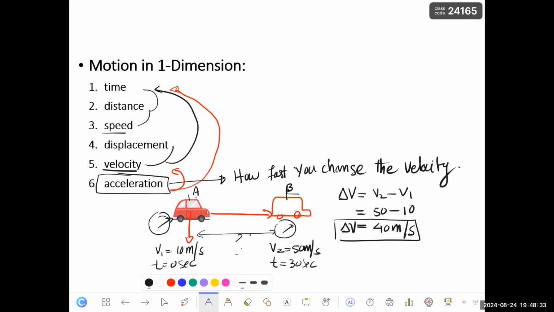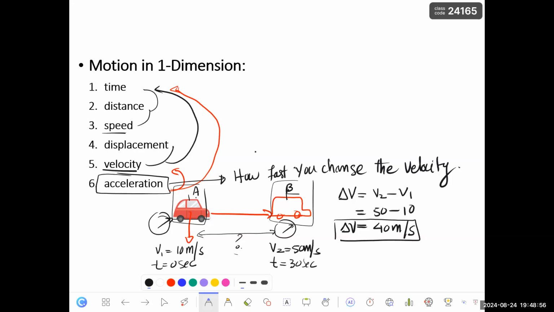I don't care, and I don't even know about it, because I'm only looking at the system in this position and this position in order to find the change. In order to find the change, you always look at the final position and the initial position, and subtract the initial from the final, and that's how you get the change.